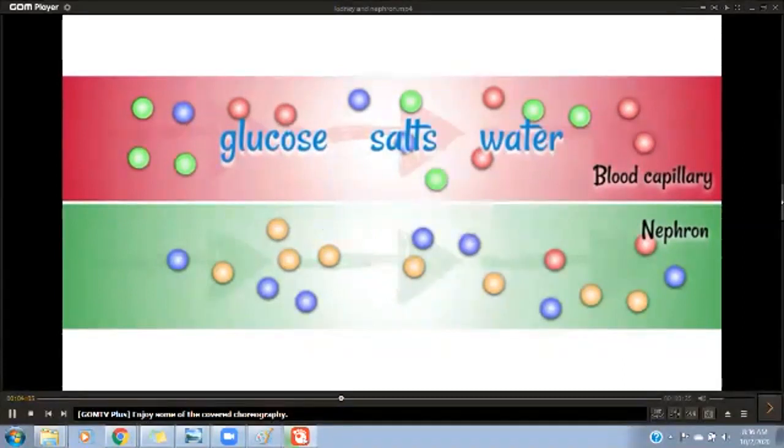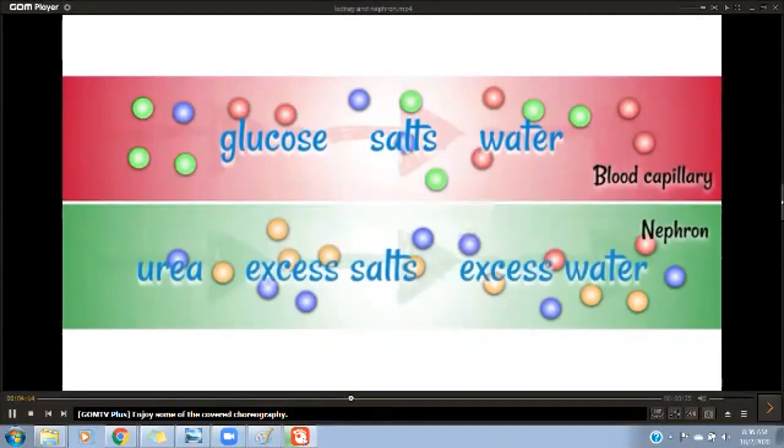The materials that are left behind, obviously we've got urea, because one of the main purposes here is to get rid of urea. But what we will also have is excess salts and excess water. Your body needs salts and it needs water, but it needs to have these things present in the correct amount. So only the excess materials are left in the nephron to eventually leave the body.